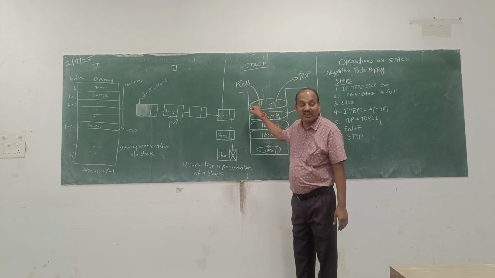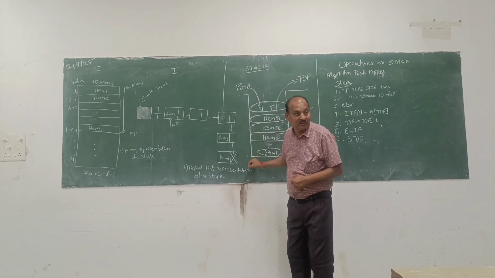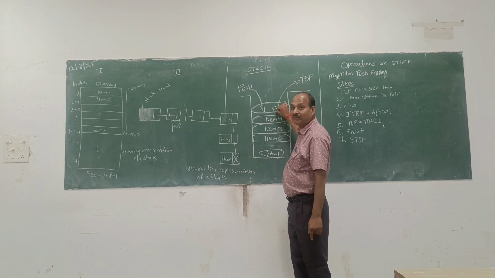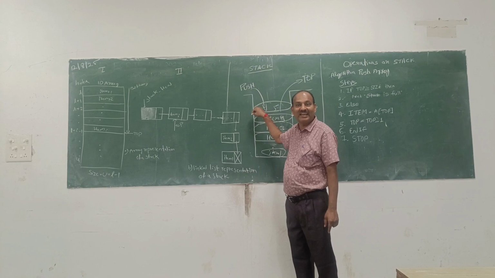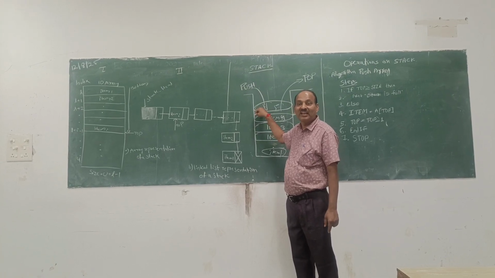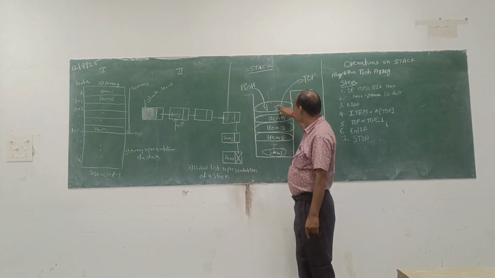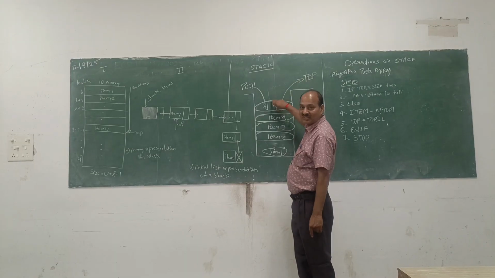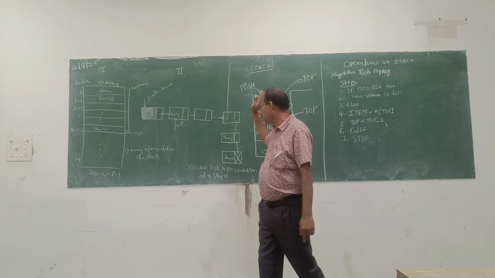You are not in a position to remove item 1 directly because it is at the bottom. First you have to remove item number 5, meaning last in first out, LIFO. So stack is marked as last in first out. So 5 goes up, then 4, then 3, then 2.